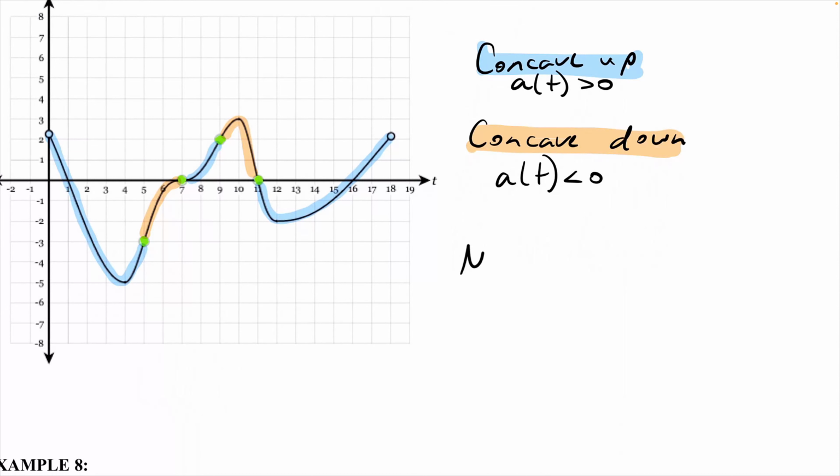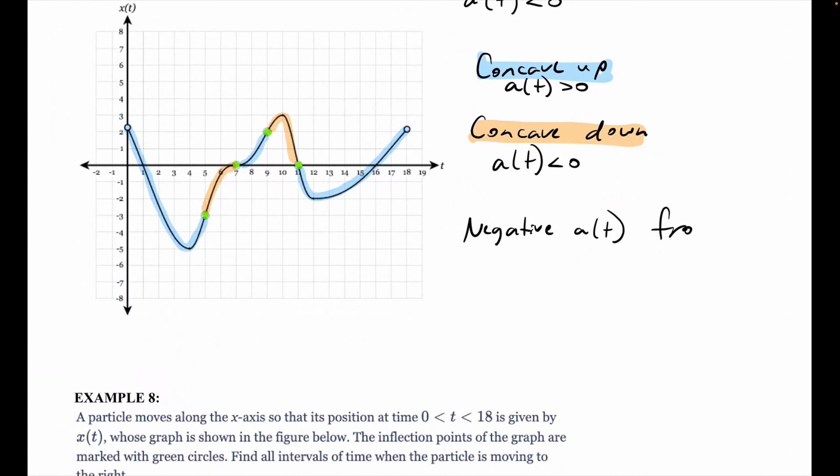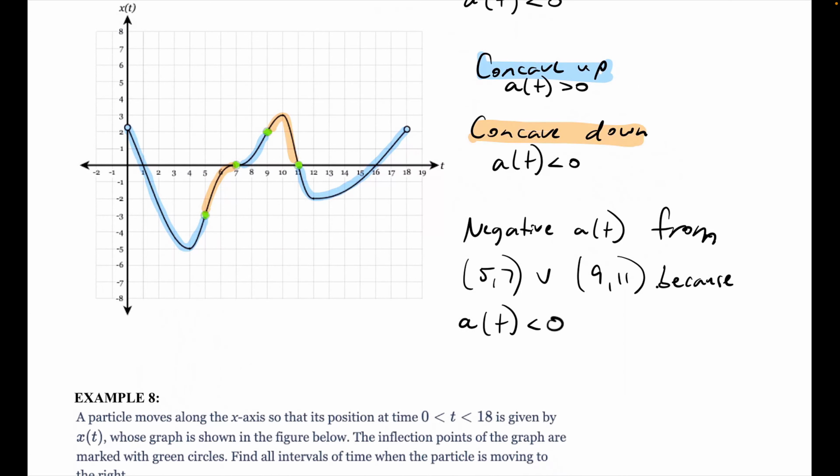So we say negative a of t, or acceleration, from 5 to 7, or 9 to 11. Because that's where the second derivative, that's where acceleration is negative.